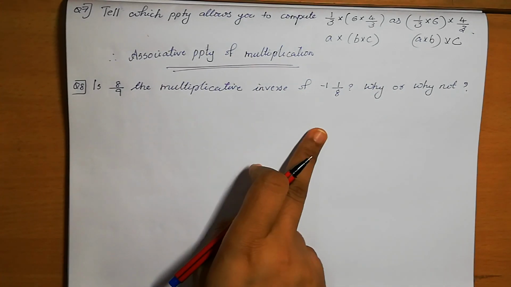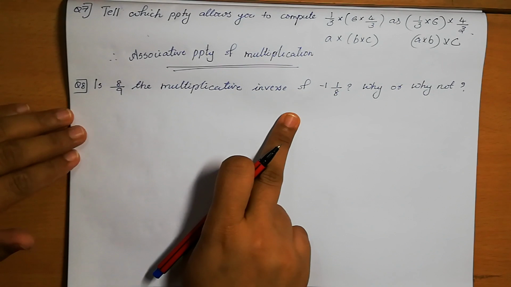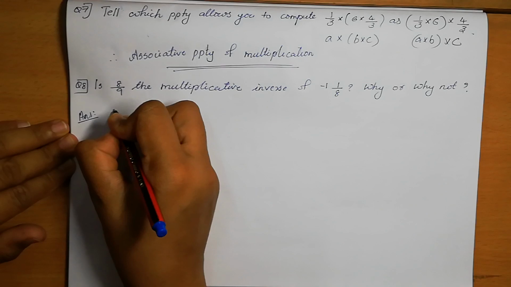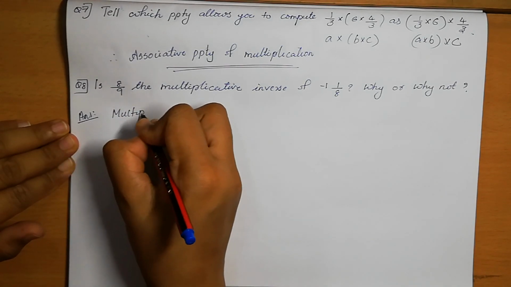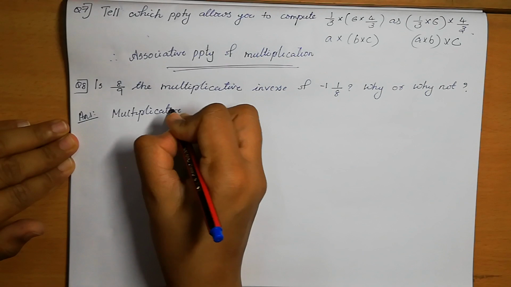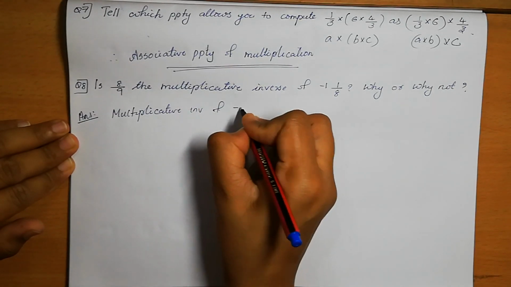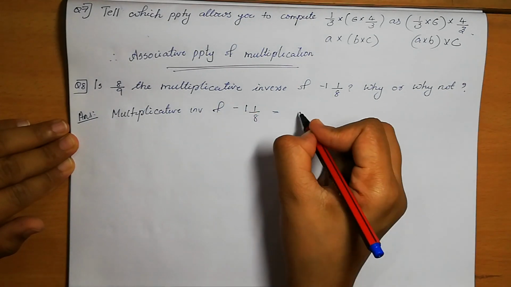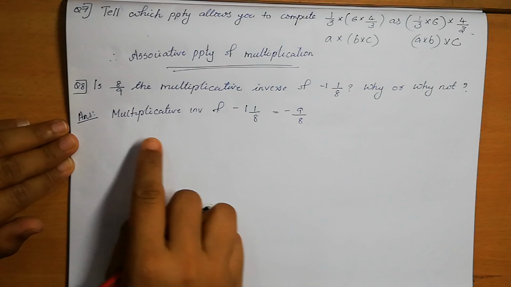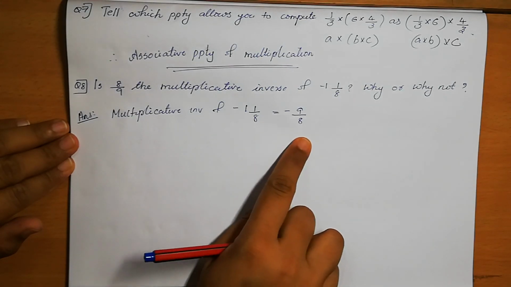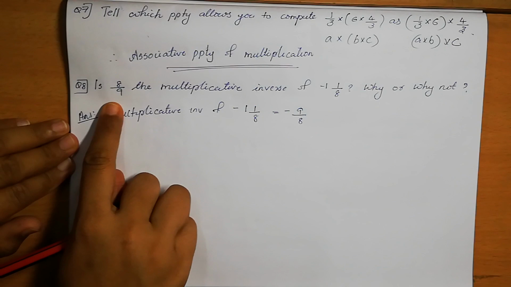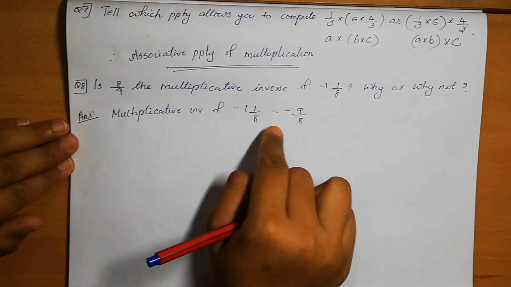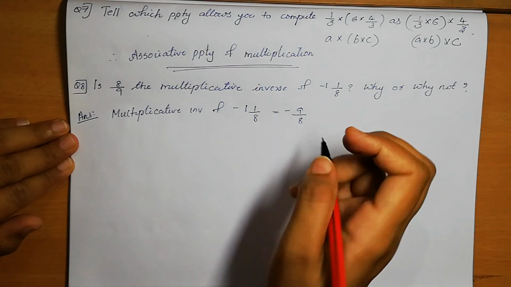First we find the multiplicative inverse of minus 1 1 by 8. 1 into 8 is 8, 8 plus 1 is 9, so 9 by 8 with the minus symbol. Sorry, this is simplification only. We can convert minus 1 1 by 8 as minus 9 by 8.